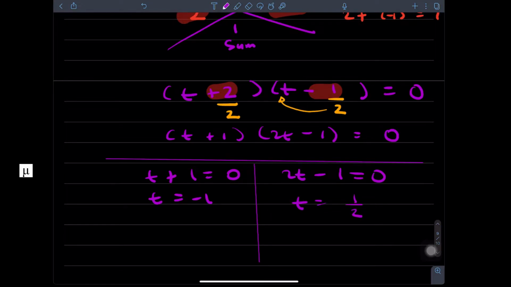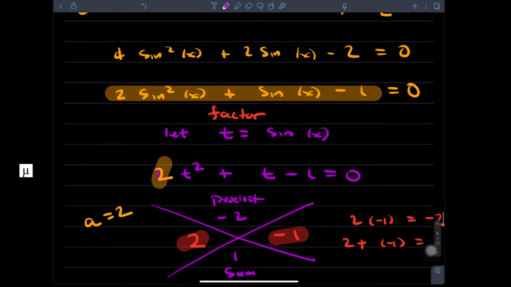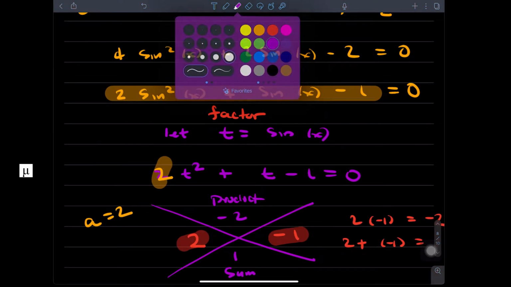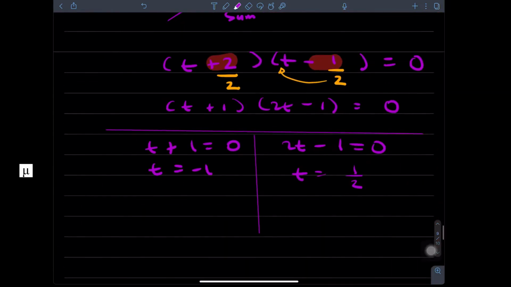You solve that for t? What was t anyway? Okay, so what does that mean?